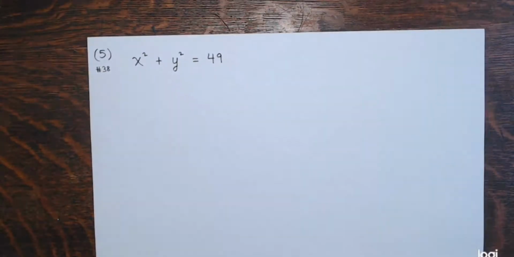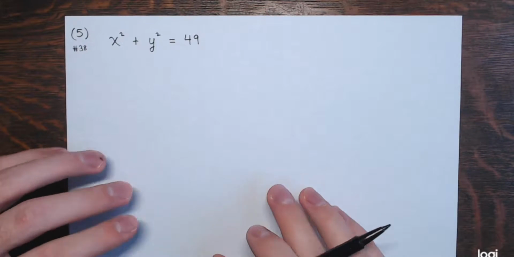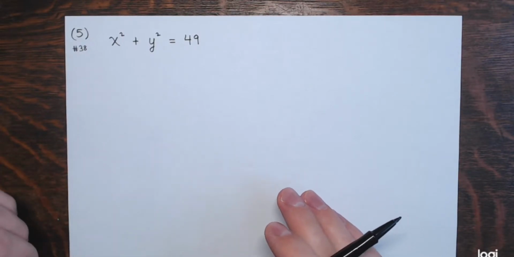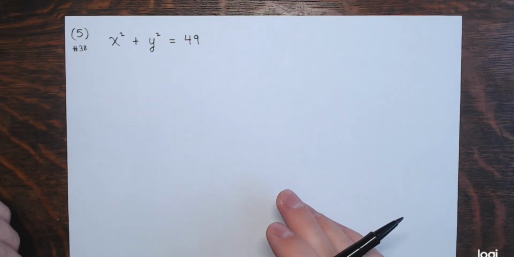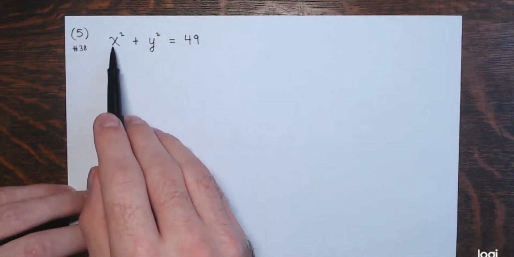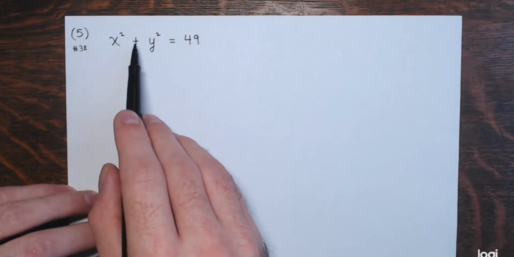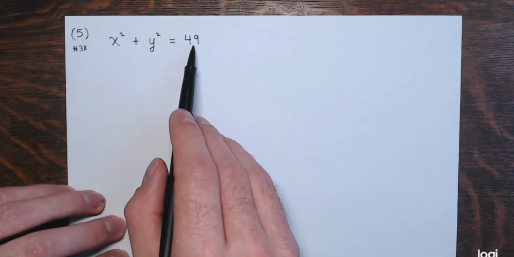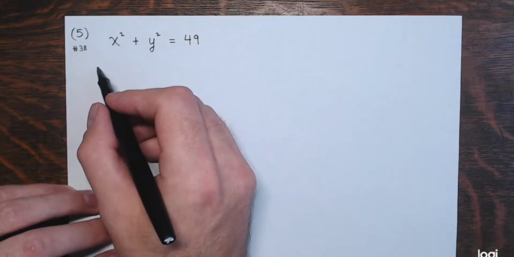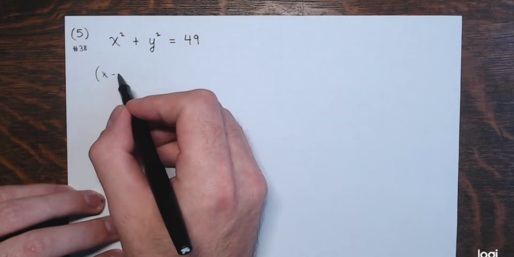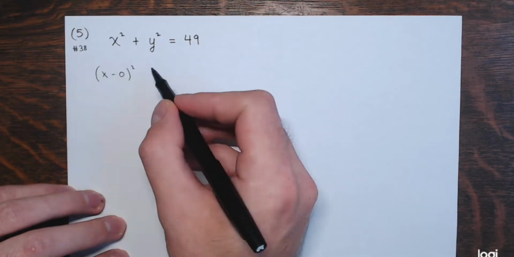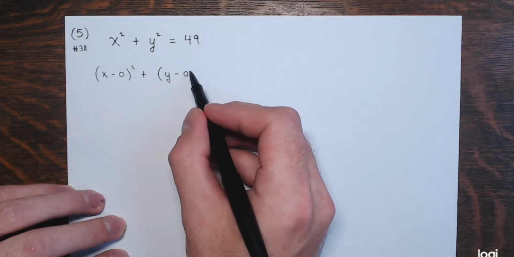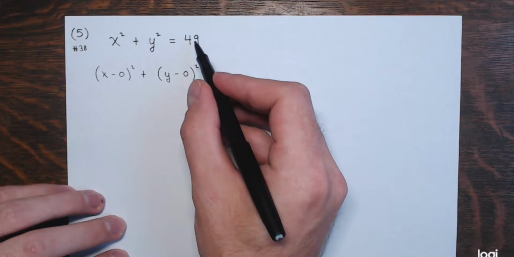Alright, this is going to be the last one that's in standard form in the beginning. After this, we're going to have to put the equation in standard form ourselves. So you see I have a quantity with x squared plus a quantity with y squared equals some number. Now if you want to think of these as differences, this is x minus 0 squared plus y squared, which is the same as y minus 0 squared, equals, and then 49 is 7 squared.